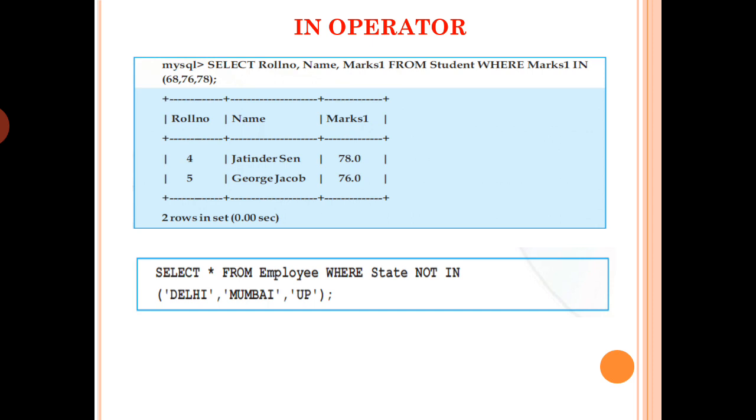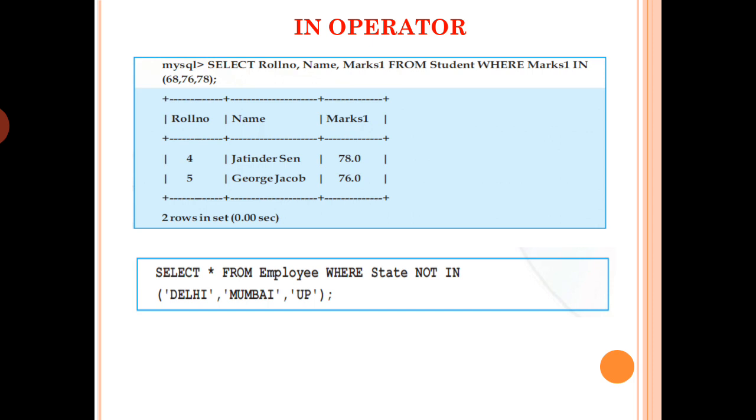In operator. The in operator compares a value with a set of values and returns true if the value belongs to that set. The statement select roll number, name, marks 1 from student where marks 1 in 68, 76, 78 will display data of students whose marks 1 are 68 or 76 or 78.